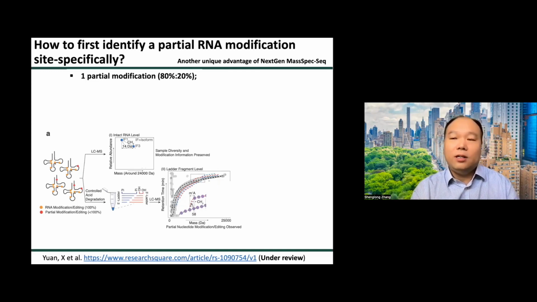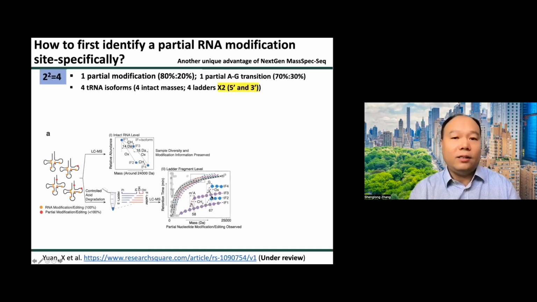This can be further pinpointed to exactly where the methylation occurs by looking at the branch feature after the acid degradation. If there's a ladder-to-ladder editing like A-to-I editing transition, then we should see a ladder-to-intact mass shift, and the mass difference should be 16.